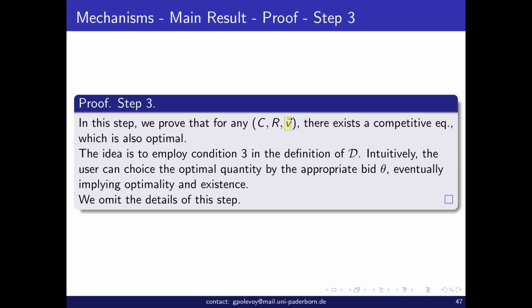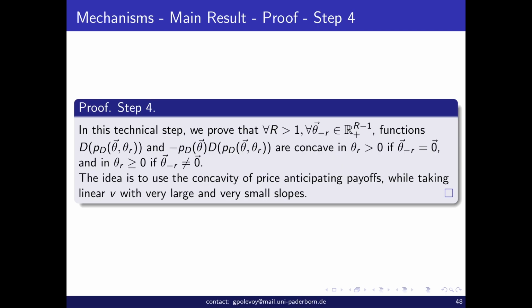The idea is to employ this condition of being able to achieve anything by an appropriate bid in the definition of D. Then a user can choose the optimum quantity by the appropriate bid, so that eventually allows you to choose something which will be a competitive equilibrium, and it will also be optimum. So we omit the details, but we've proven already point 1 of the theorem. That was point 1. Now, for point 2, we still need to prove the properties of this function b.